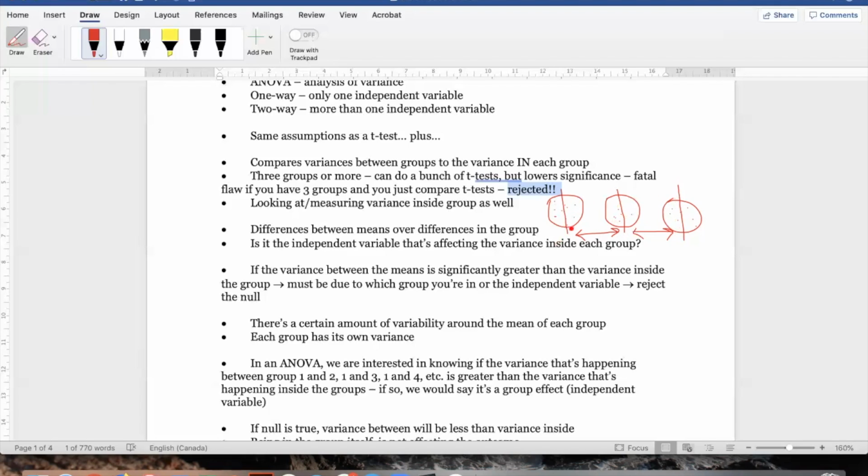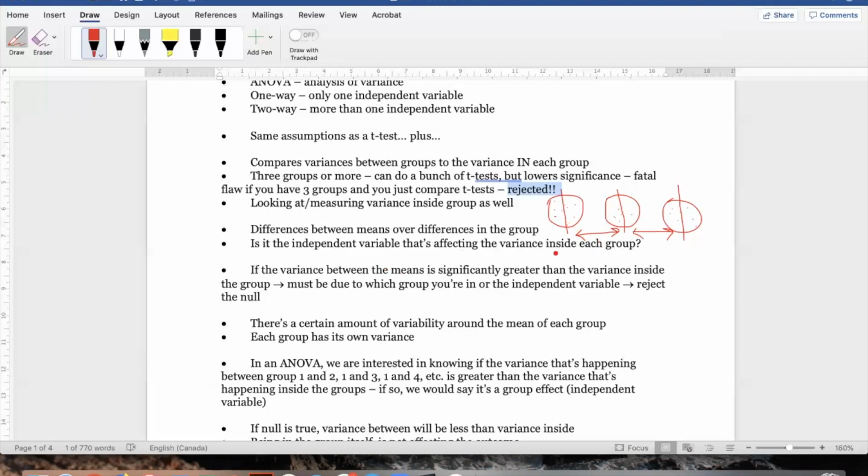Do you know what I mean? The difference is because you're in this group, or you're in this group, or you're in this group, because the difference between them is so much bigger, right? The closer together these are, the more blurry that line gets, kind of.